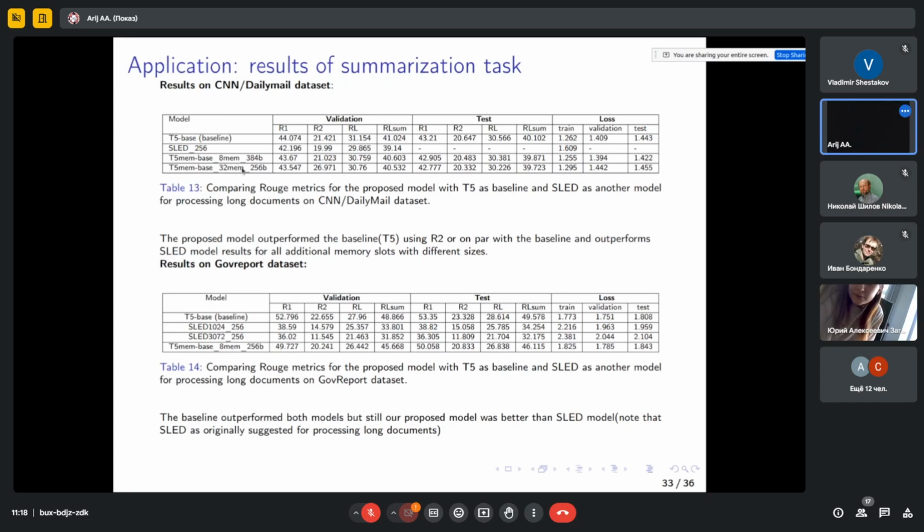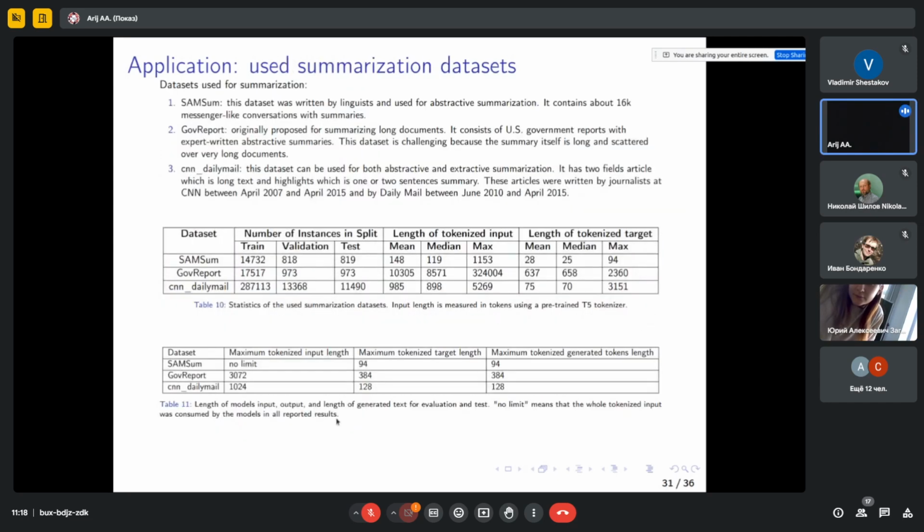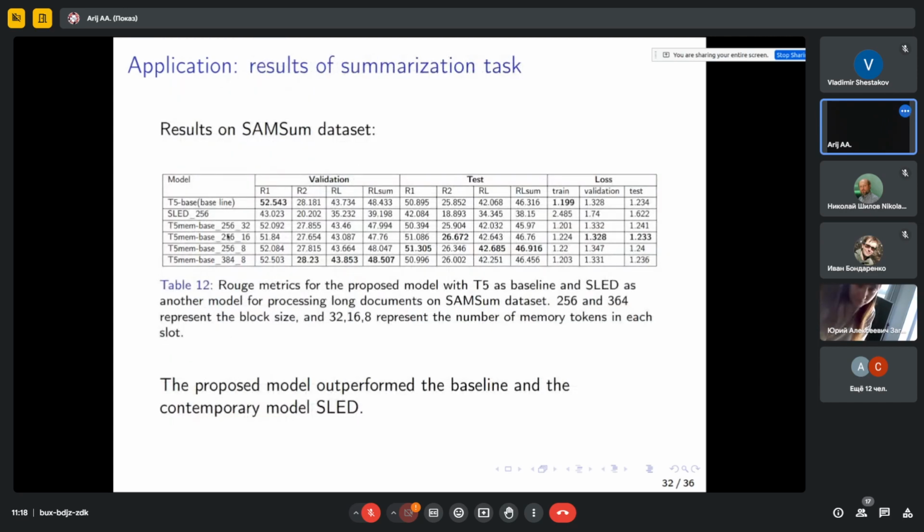Okay, the length of sequences is introduced in table 11 for experiment. So for the Gov report, I have maximum input length 3078. But as I said, the input is chunked, even for 256 for each chunk, or 348 for each chunk.